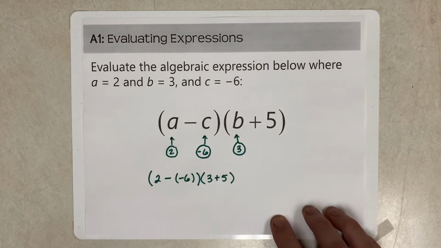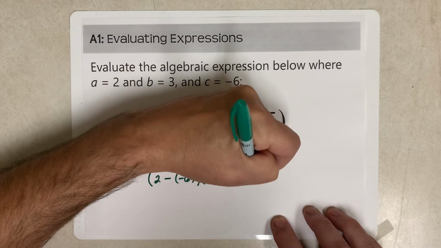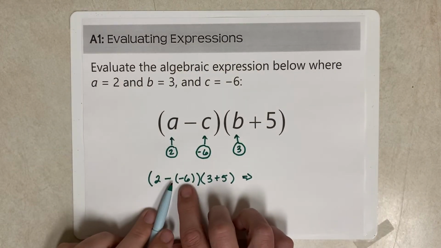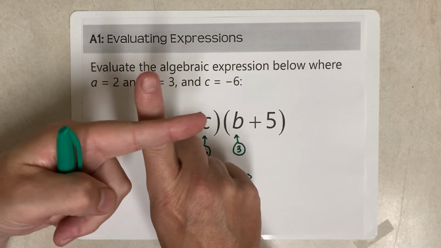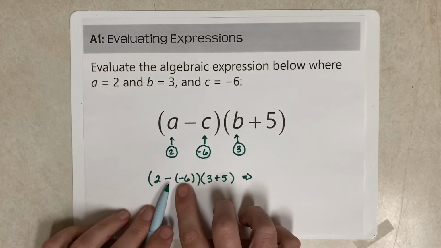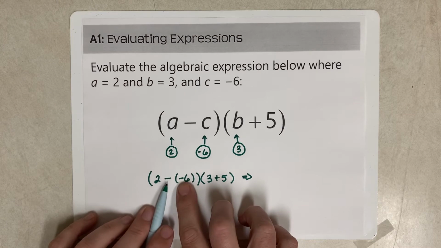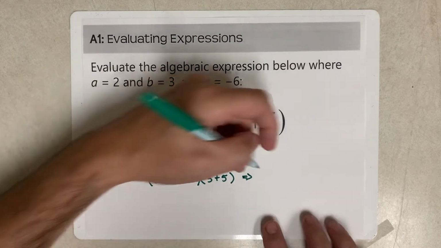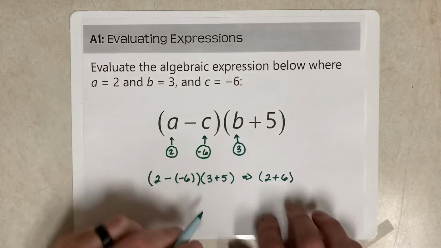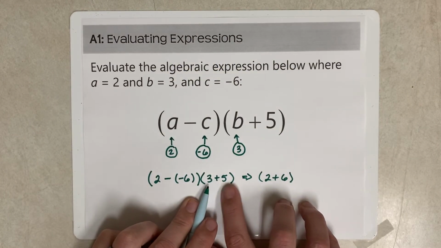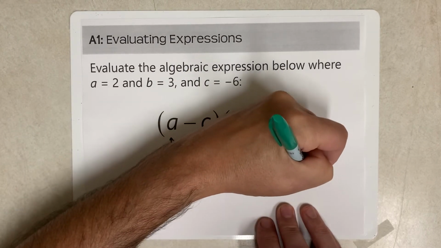Okay, so let's simplify that guy. Okay, parentheses first. 2 take away -6. Hopefully everybody knows that two negatives make a positive, right? When they're side by side and there's nothing else around. Two negatives make a positive. So we have 2 plus 6. And we could do this. 5 plus 3 is 8. We can definitely do the 8.